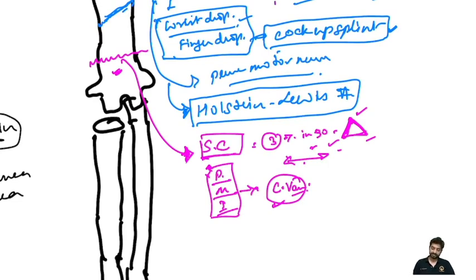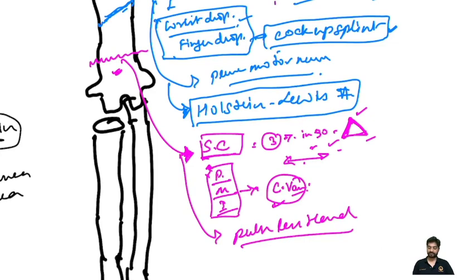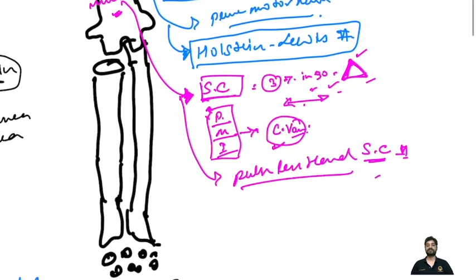In supracondylar fracture, the patient will present with intact vessels, which means the radial and ulnar pulses are palpable, or there is damage to the blood supply, also known as a pulseless hand. A question may be asked regarding the management of the pulseless hand.